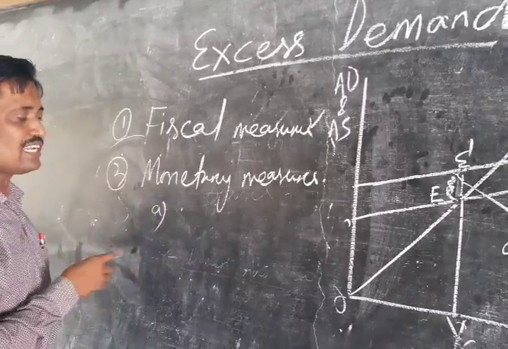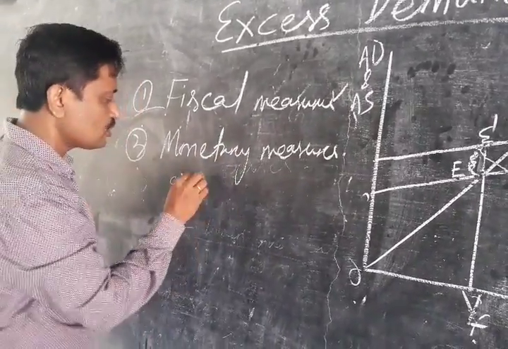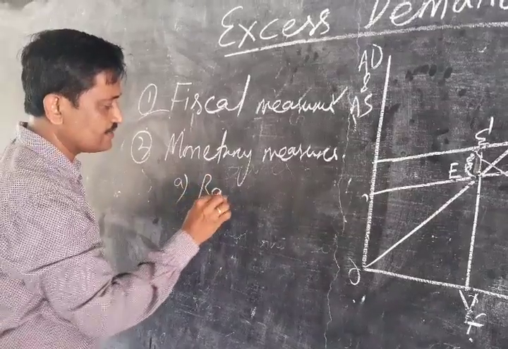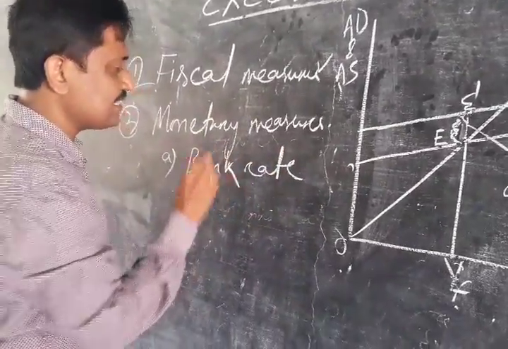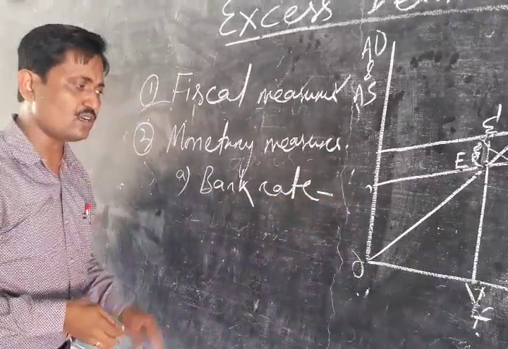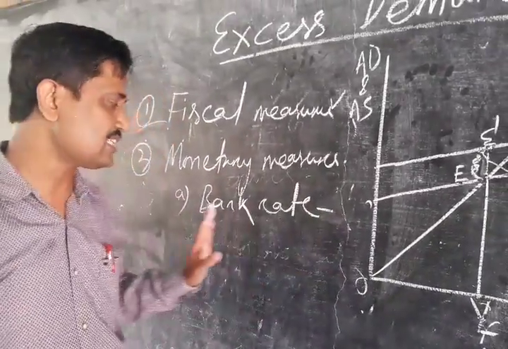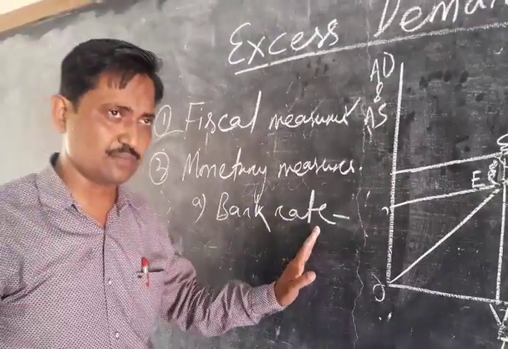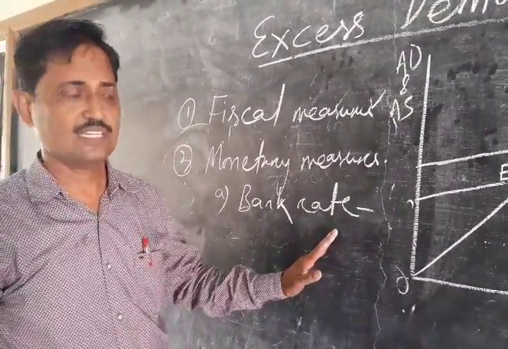So let us now take some of the policy measures taken by the RBI. First one is bank rate. So what is bank rate? The rate of interest charged by the central bank while granting loans to the commercial banks, right?